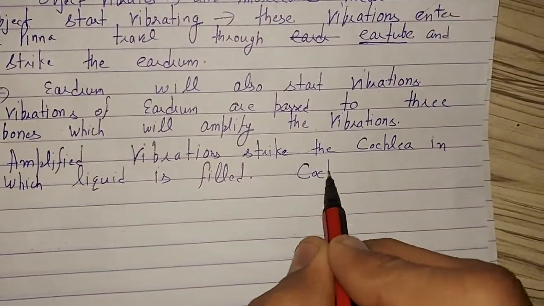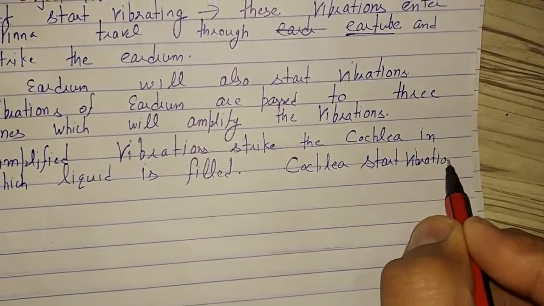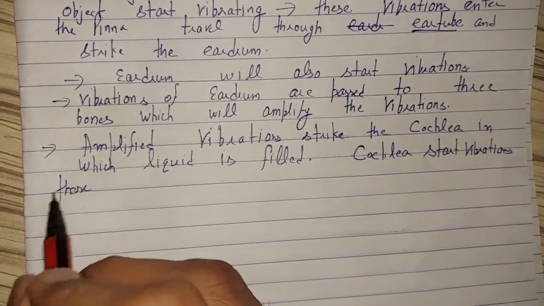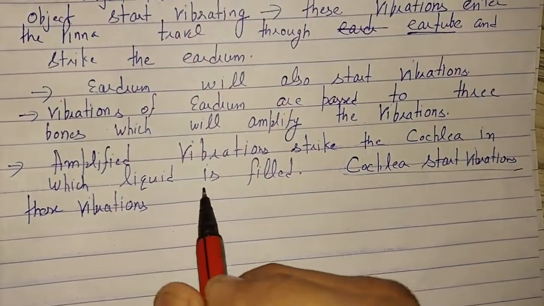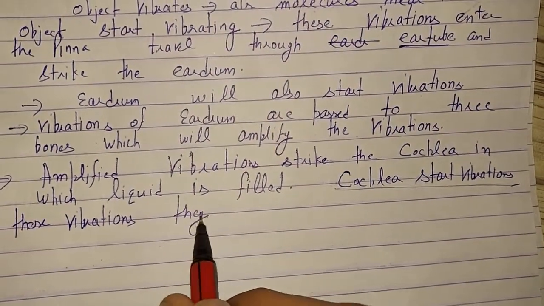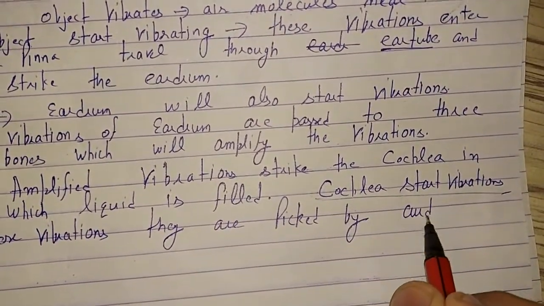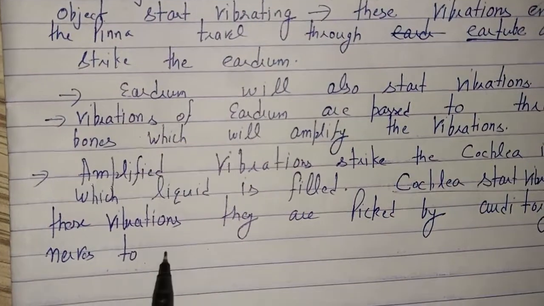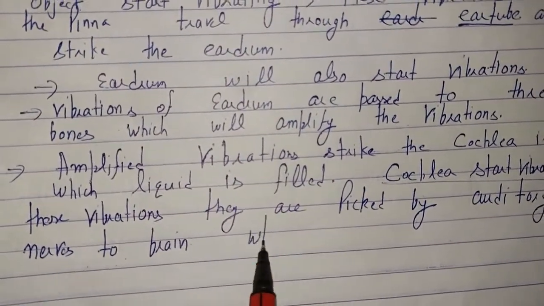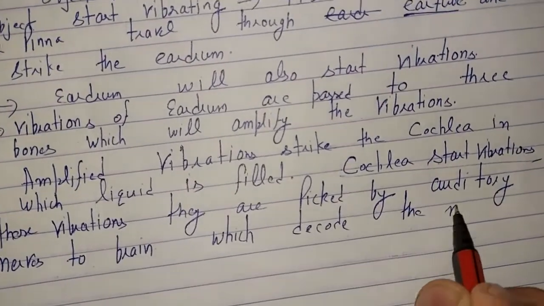The cochlea starts vibrating, and these vibrations are picked up by auditory nerves and carried to the brain, which decodes the message. In this way we listen to sound.